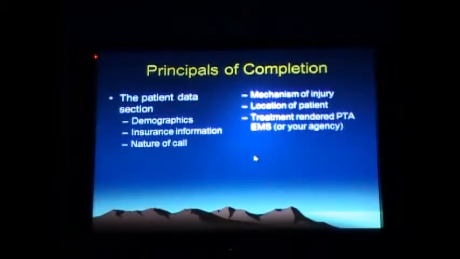I probably, just because of the way I chart, would hit the highlights of those prior to arrival interventions in my narrative. I don't care if I'm redundant. I'm telling a story. Here's my story. And if prior to arrival interventions are pertinent to my story, I'm probably going to redo them. It's just the mindset that I have.